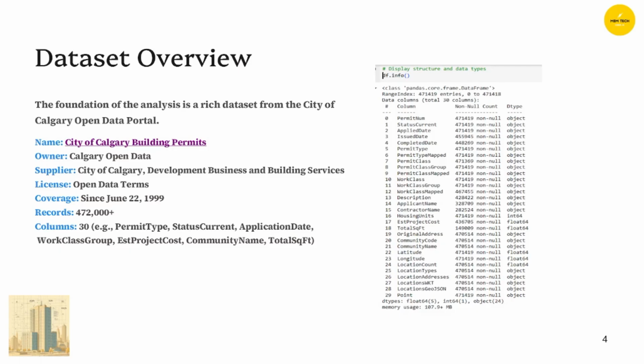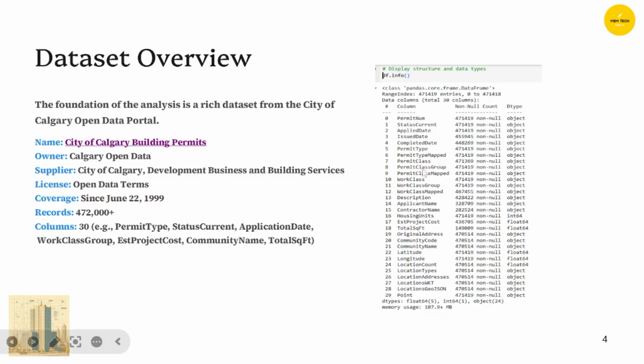So I have used Python for analyzing the data. Over here, on the right side, we can see that I have used the command df.info. After storing my CSV file into a data frame, I am checking the structure of the data, what columns are available, how many null values there are, and the data type, whether it is categorical, object type, or numeric type.